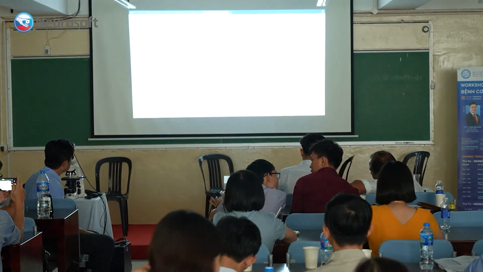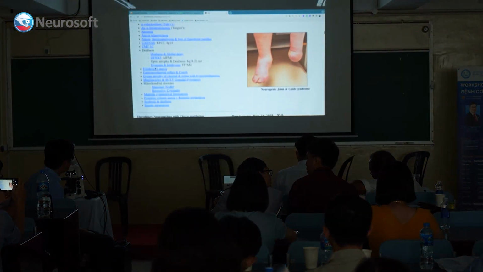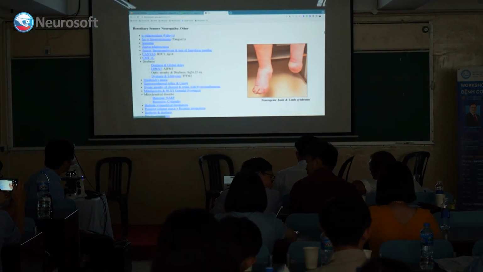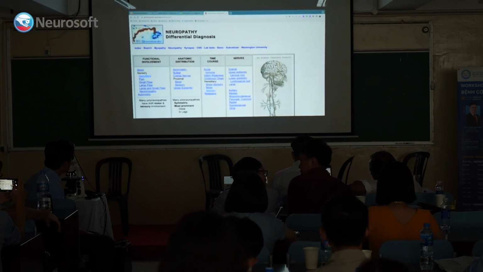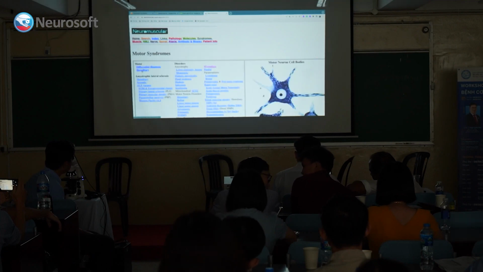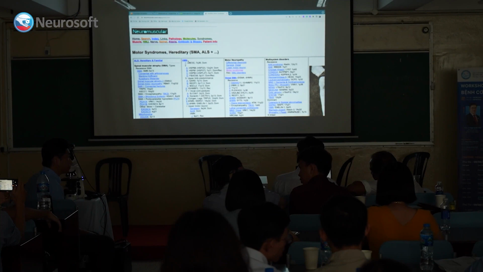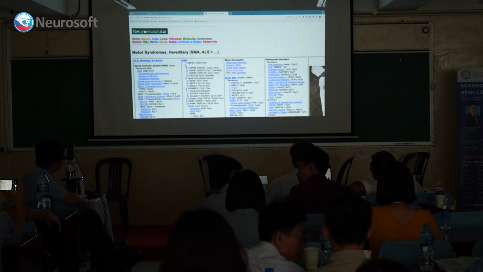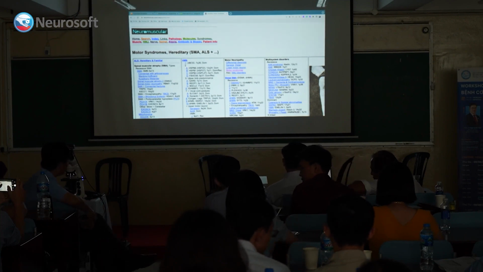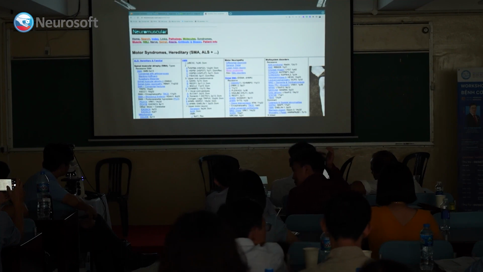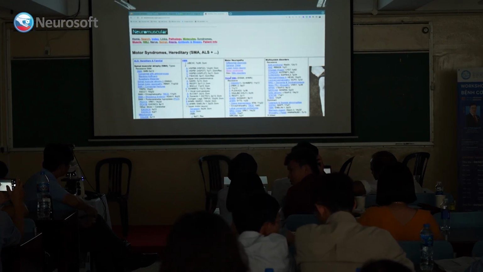So the pure motor ones are not here, right? This is sensory, so motor, hereditary. So here we have this HMN. We have quite a few here, right? Which are distal motor neuron disease. And then we have the distal SMA.